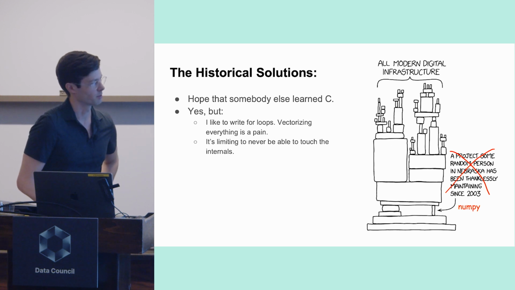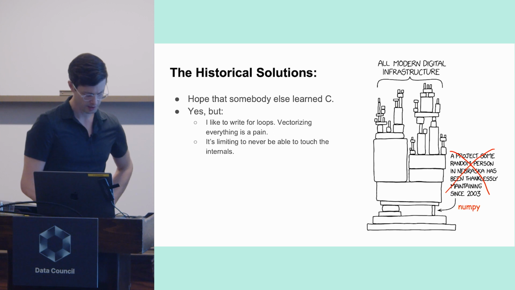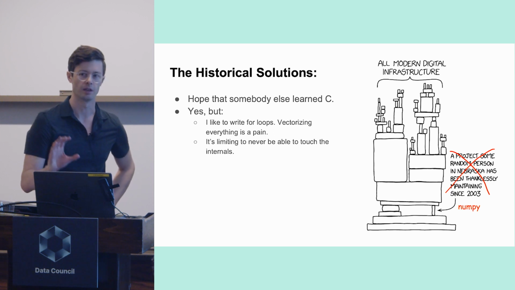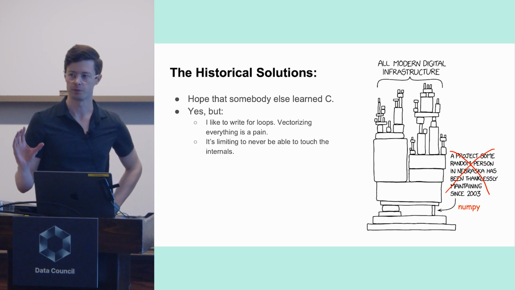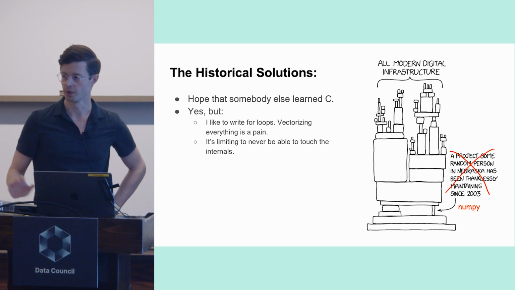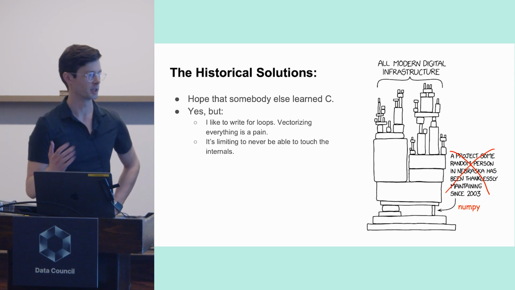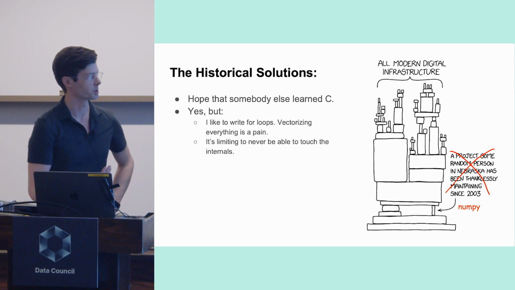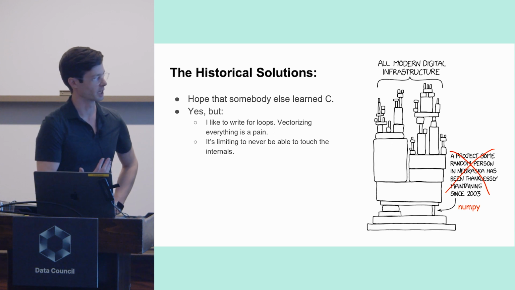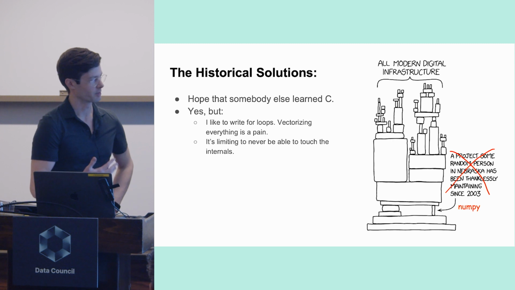I think there's a deeper reason here too, which is that it's just kind of conceptually limiting to have these black boxes that we treat as the primitives for doing anything high performance. So it's great that we can use some vectorized method once you learn how to use it, but it creates this feeling that it's a black box written by somebody else.